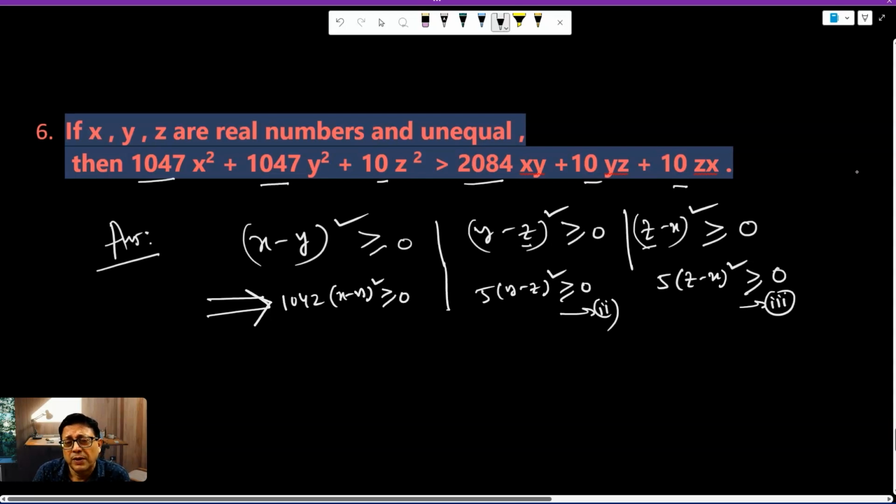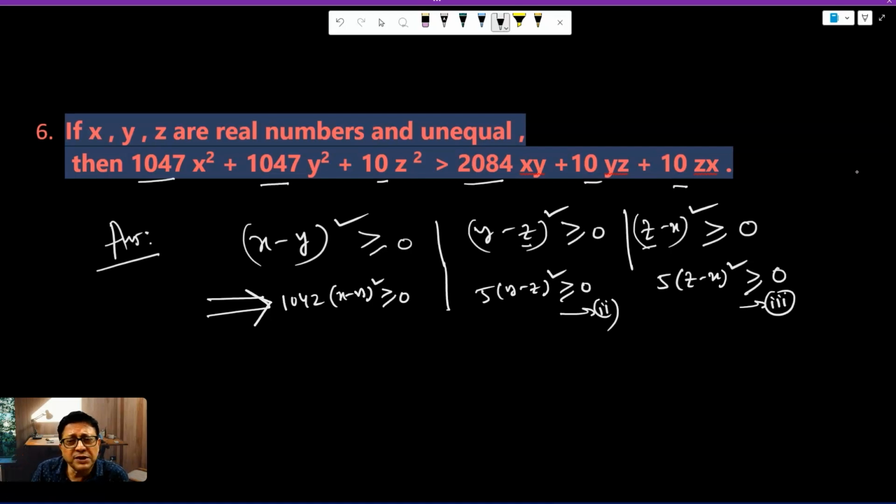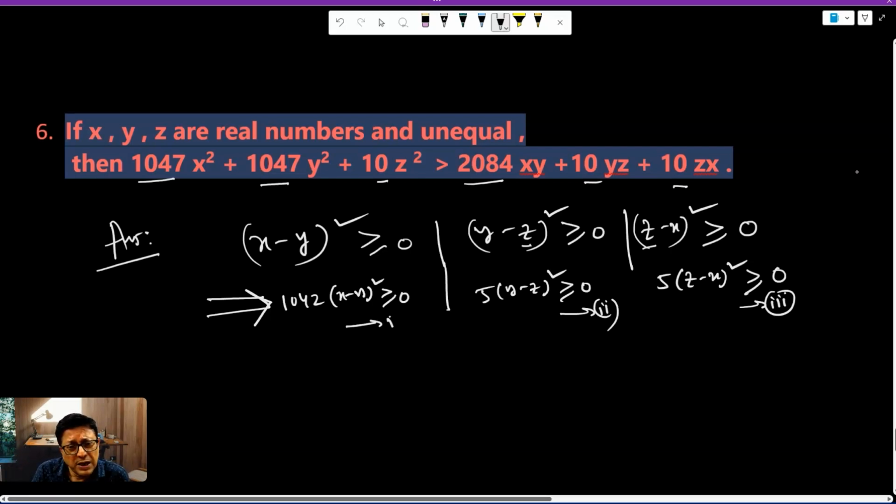Okay. Now what is happening? This is just manipulation. No fixed inequality there for it. Just checking whether I can get it or not.